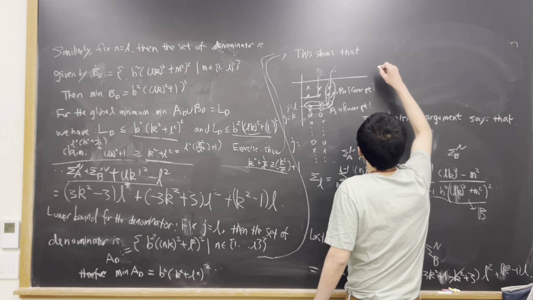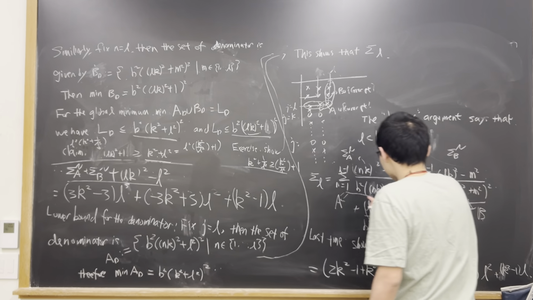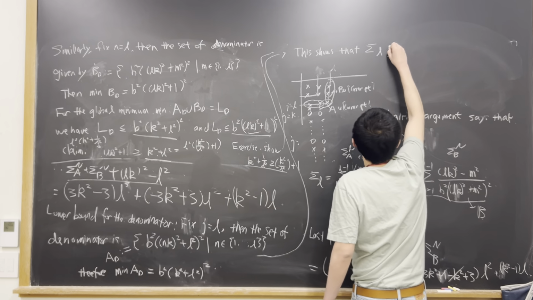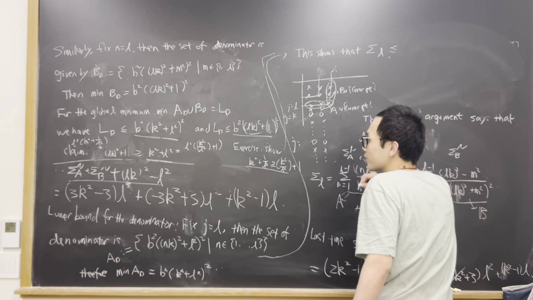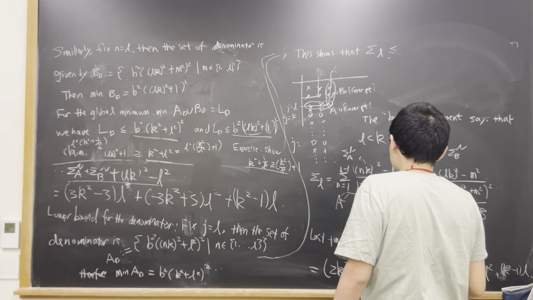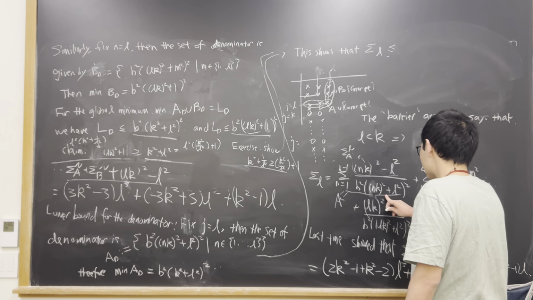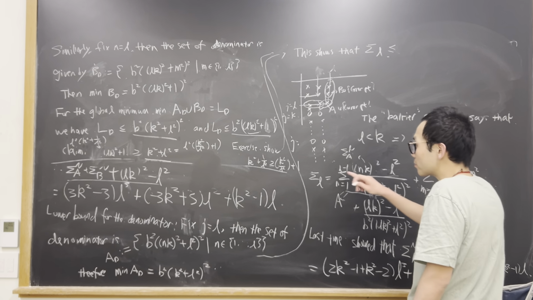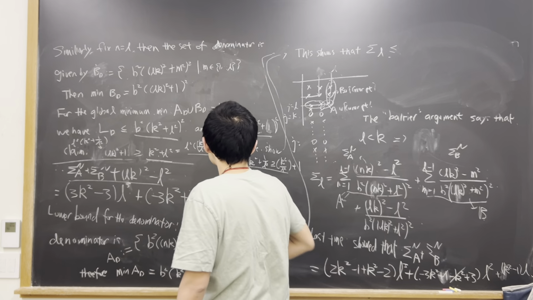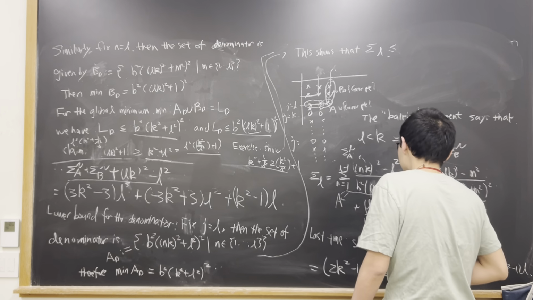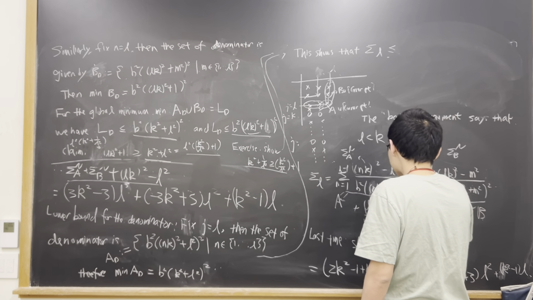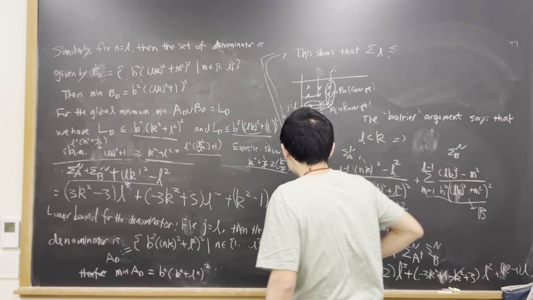So this shows that the sum over L, which is this sum, is less than or equal to, because here for the denominator, this one is a lower bound for the denominator, so therefore each of the denominators must be bigger than this one, right?